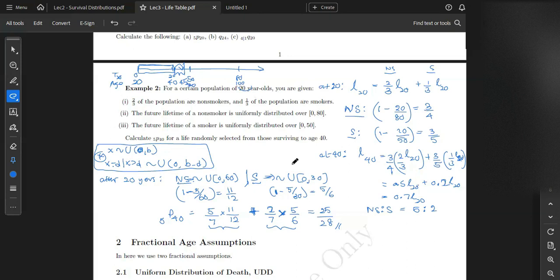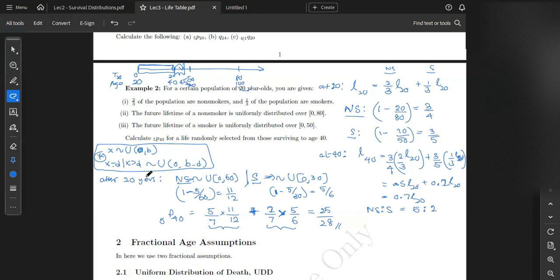But we had to perform one more step to find 5 more years ahead. For that, we derived another distribution, the conditional distribution X minus D: we initially had X amount of future lifetime, but we have consumed D amount of it, and we know that after that D amount we are still alive.